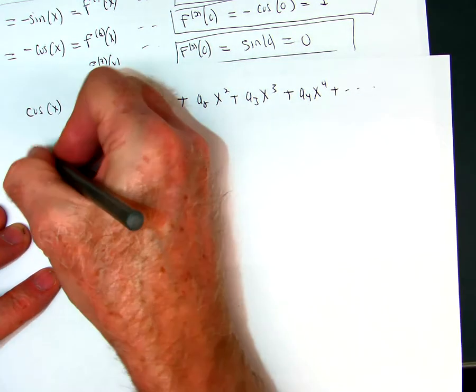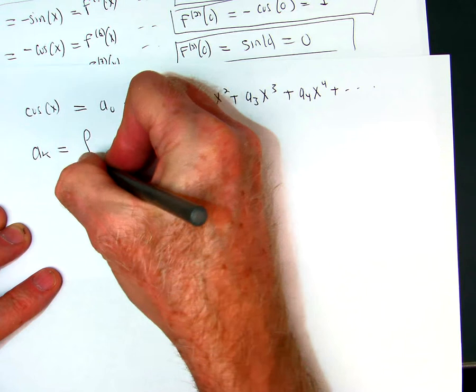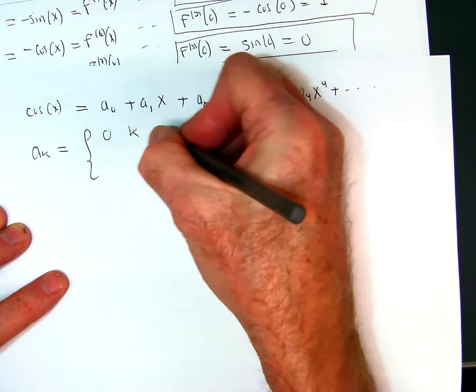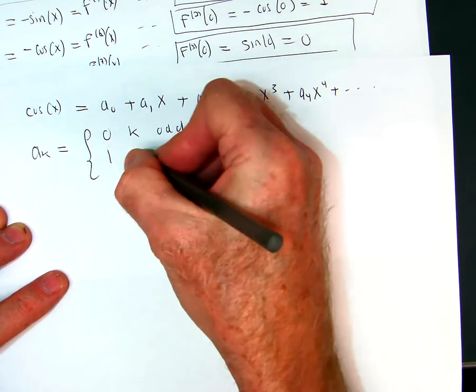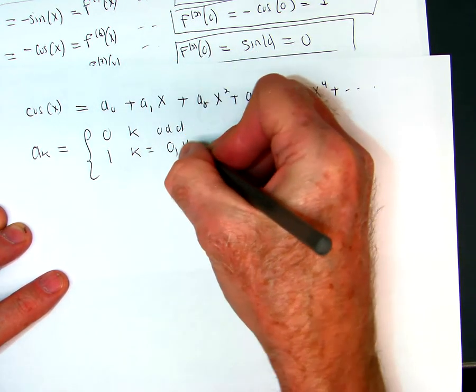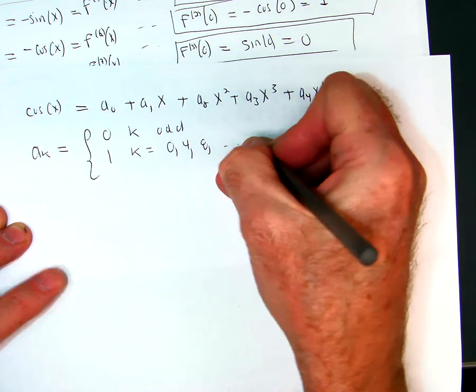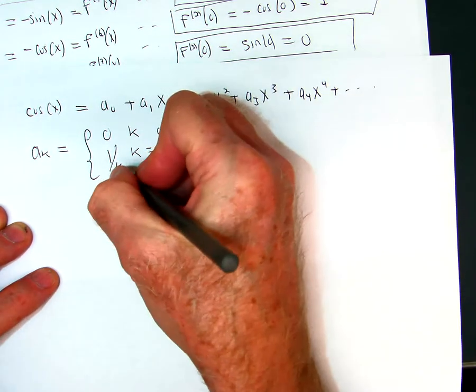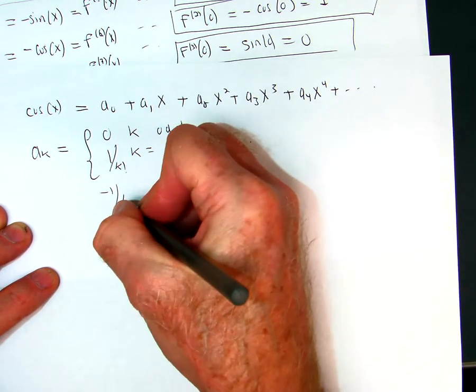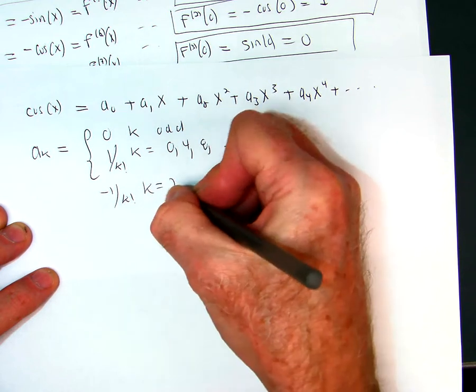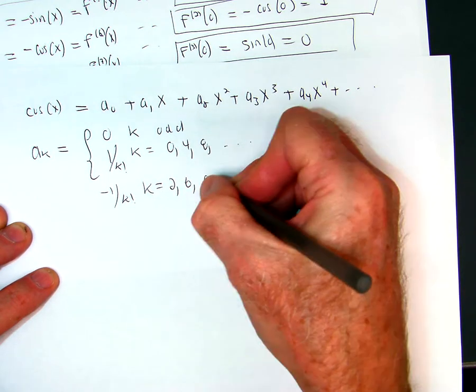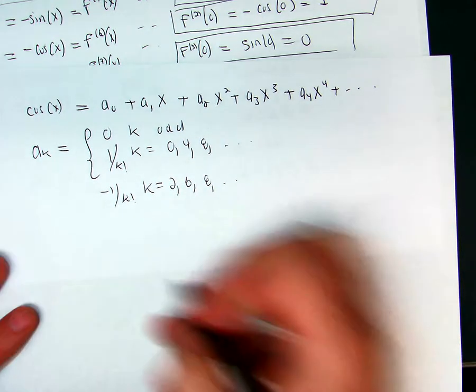We know that ak is equal to 0 when k is odd, 1 over k factorial when k is 0, 4, 8, and minus 1 over k factorial when k is 2, 6, 10, and so forth. Okay, that's going to be pretty easy.